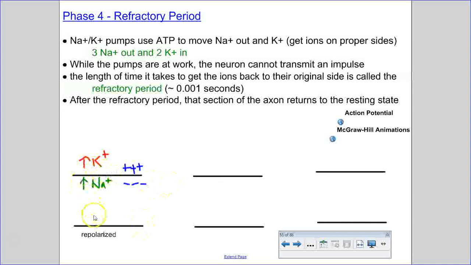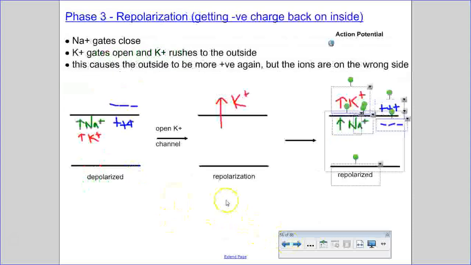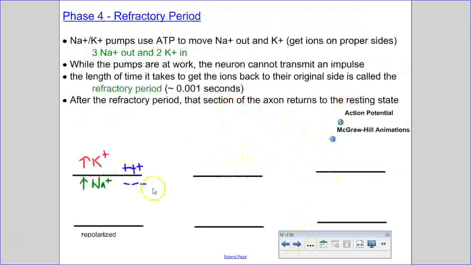So now we consider it repolarized because there's lots of potassium on the outside and lots of sodium on the inside. The charge is back to normal in that it's more positive on the outside, not quite as much as normal, but at least the net charge is back to the way it was. So the last part is we need to get the ions on the right side.